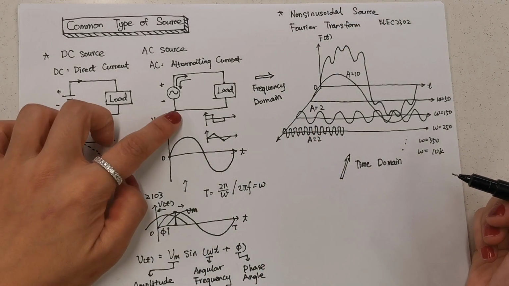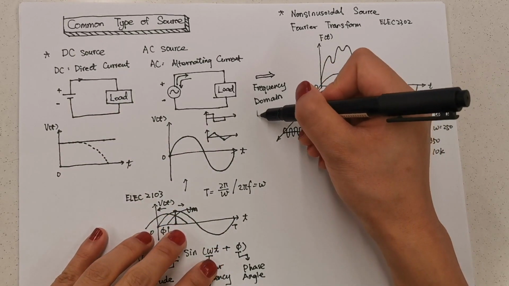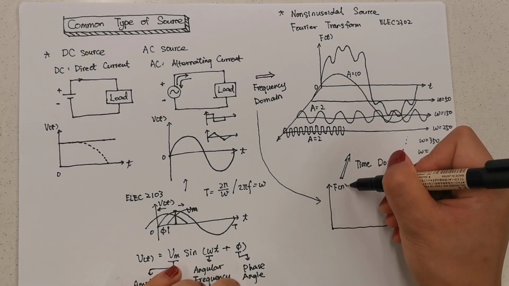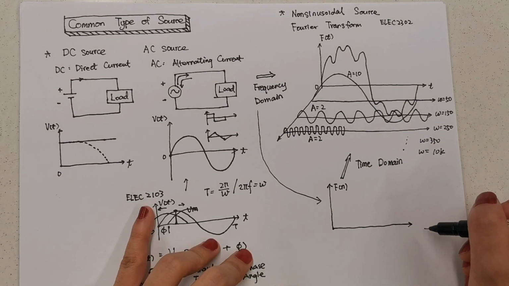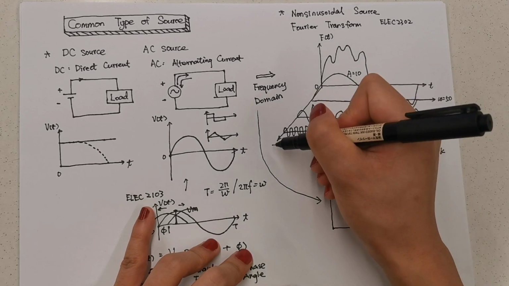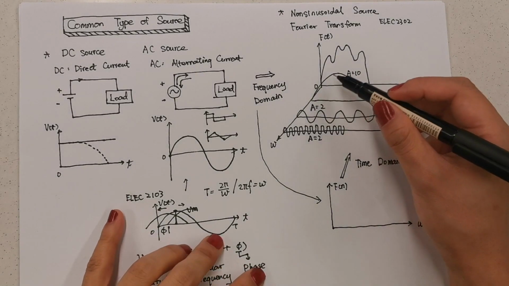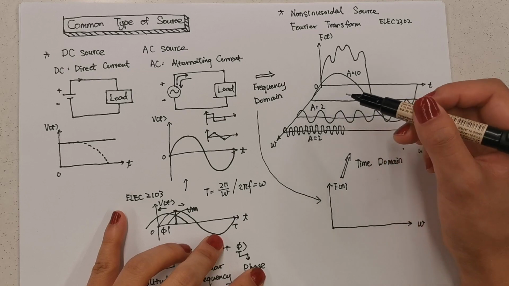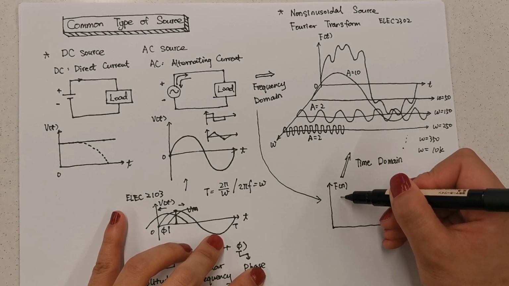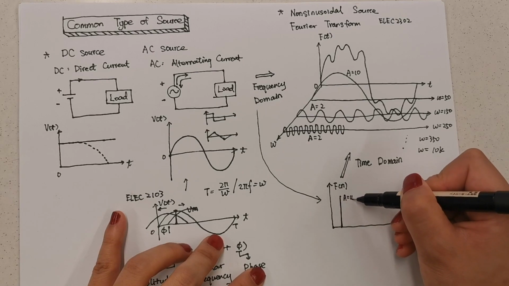So what exactly are we looking at in the frequency domain? Let's plot it out. In the frequency domain, the x-axis turns to be our frequency. It's omega. Here's omega. And our decomposed waveforms shrink into one line each. So our first waveform becomes a line, and the amplitude is 10.